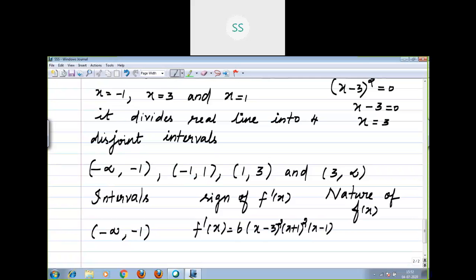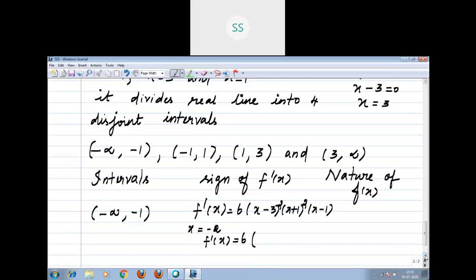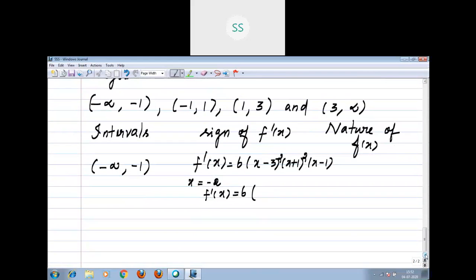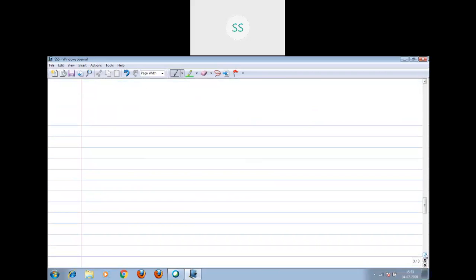Now you want to assign x as minus 2 for your reference. X is equal to minus 2. Now f dash of x equal to 6 into, see here power is square. Whatever negative comes, it will act as positive, right? Whatever negative value you assign, you will get it as positive.